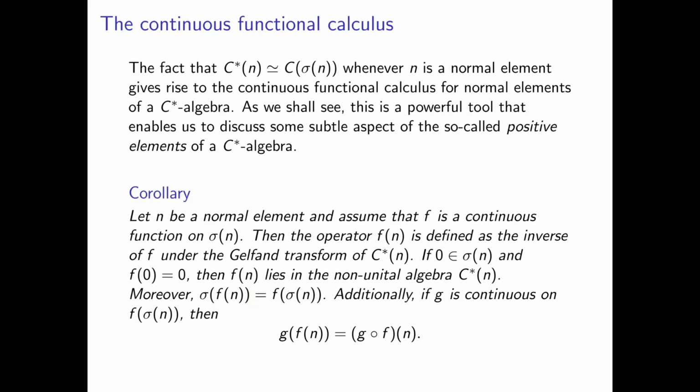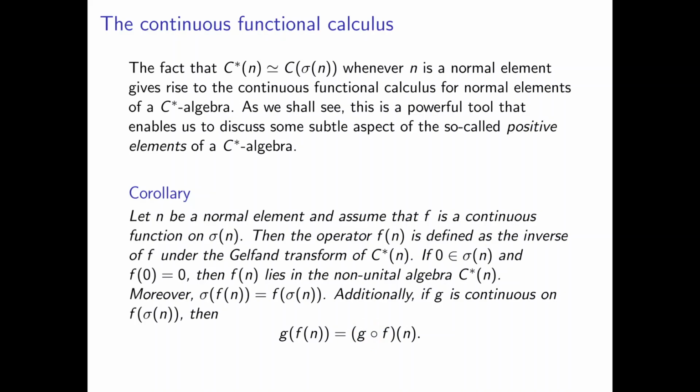That is, if g is a continuous function on the spectrum of f of n, then g of f of n can be defined as the composition of g and f evaluated at n. Because then, of course, if f is continuous on the spectrum of n and g is continuous on the spectrum of f of n, then this composition is continuous on the spectrum of n. And therefore we can make this definition here.